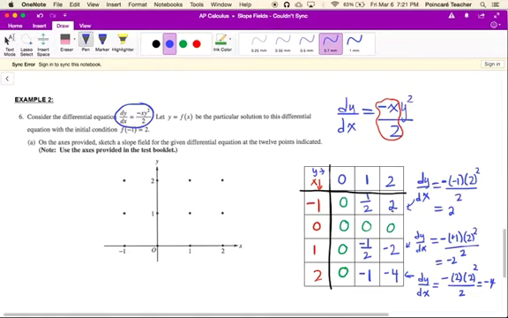So for those last three, I just had to plug and chug and work it out carefully to make sure the signs are correct. So this will be the complete table that contains all the slopes that I need to transfer over.